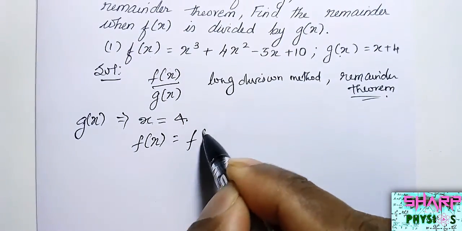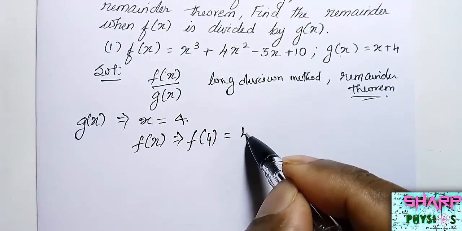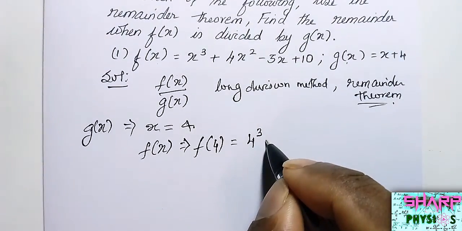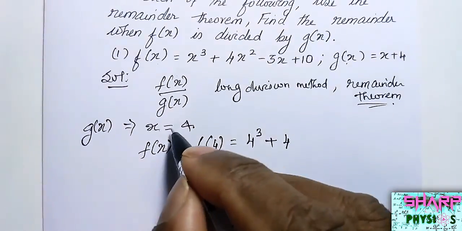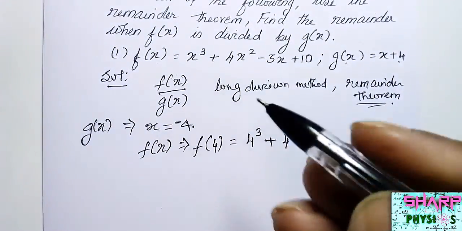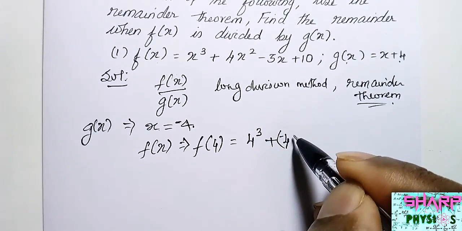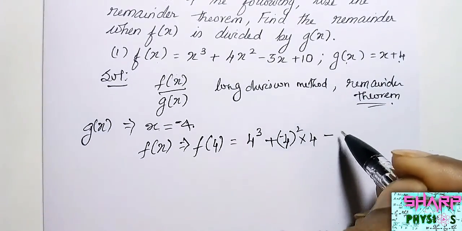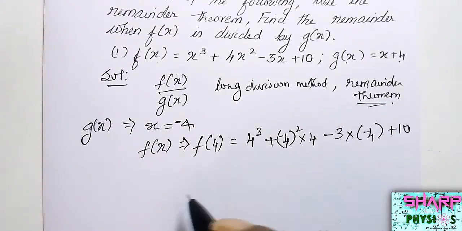So f of minus 4 is equal to minus 4 cube plus 4. So you can see here it is given as plus 4, so you will be having minus 4 the whole square into 4 minus 3 into minus 4 plus 10.